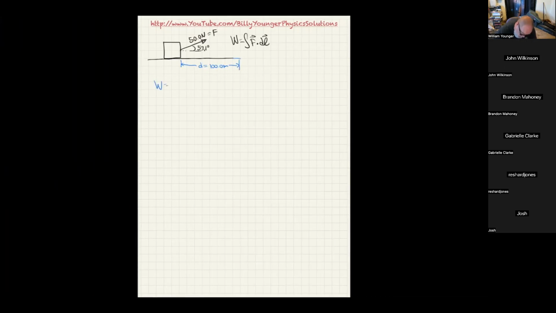The work is just going to be equal to, let's write solution here, 50.0 newtons times cosine 53.1 degrees times 100.0 meters. So if I take the cosine of 53.1, obviously I'm going to get 0.6.